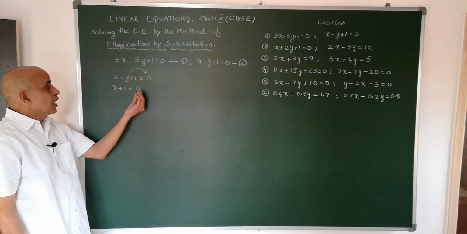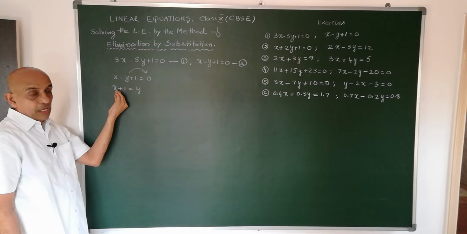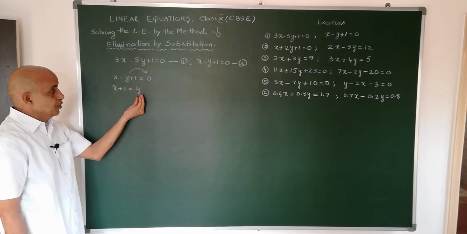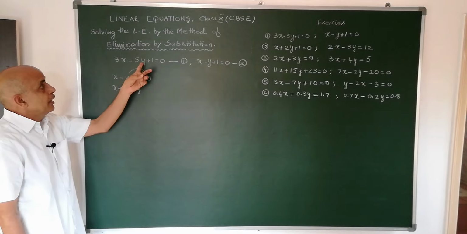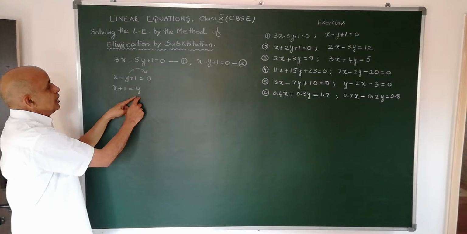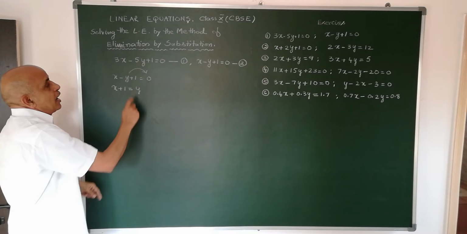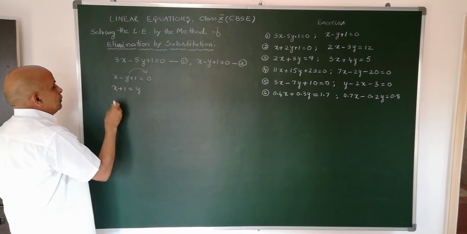That means I found the value of y in terms of x. Now with the help of this value of y in terms of x, I will eliminate the y in the first equation. By substituting this in place of y, I will eliminate y in the first equation. So substitute.